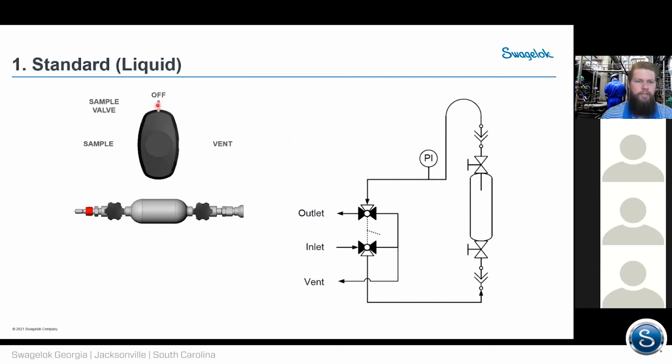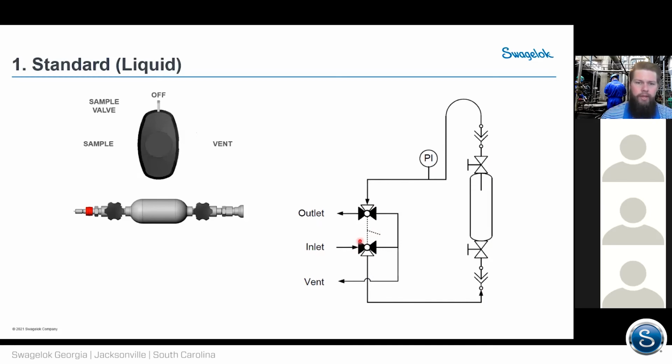So this is actually a locking handle, so you'll have to press that locking lever in, and then you're able to switch it over to sample. Notice we're coming in and switching through the vent, filling through the bottom of the sample cylinder, right? This has a dip tube, so it fills all the way up to the dip tube, and then continuously allows the sample to flow through the outlet.